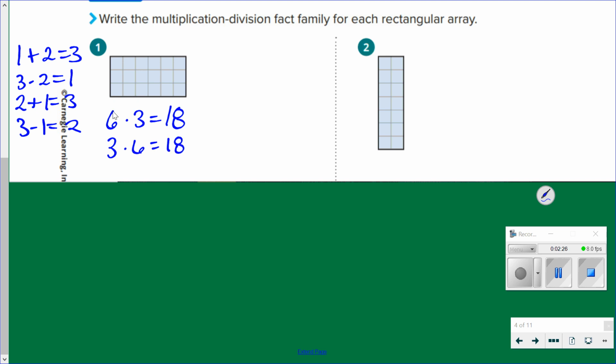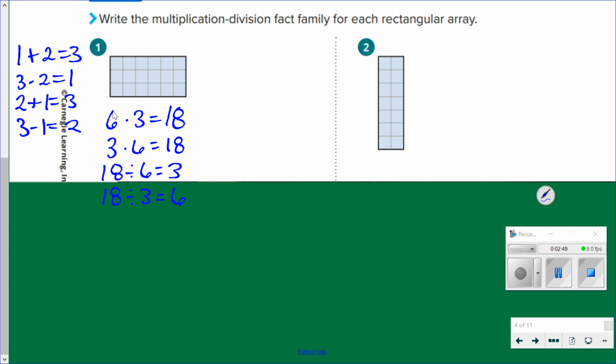Okay, what about my division problems? 18 divided by 6 equals 3. And the last one? 18 divided by 3 equals 6. So we used the same 3 numbers in each problem, yes? That is our fact family.